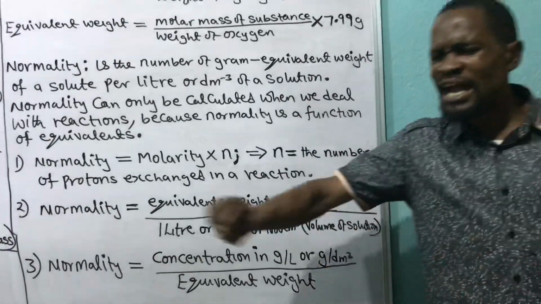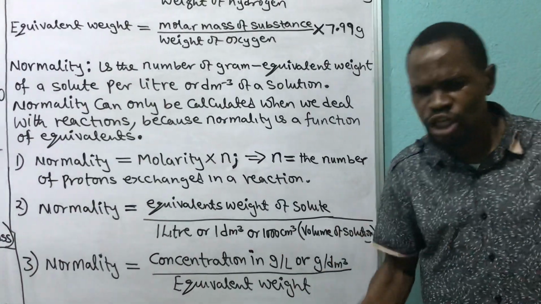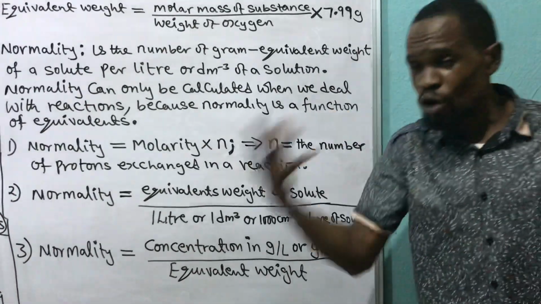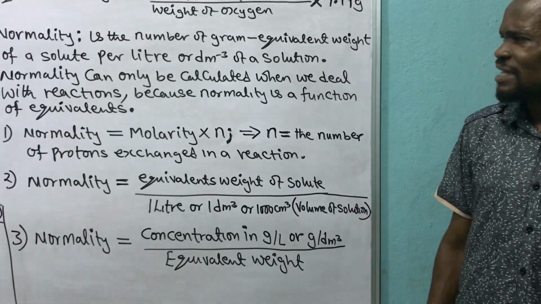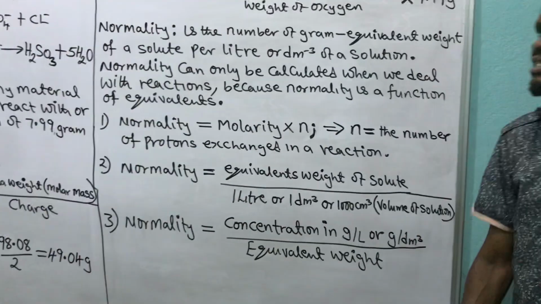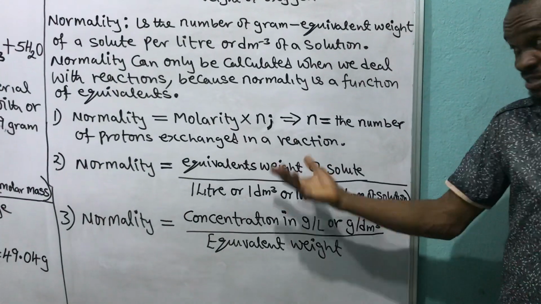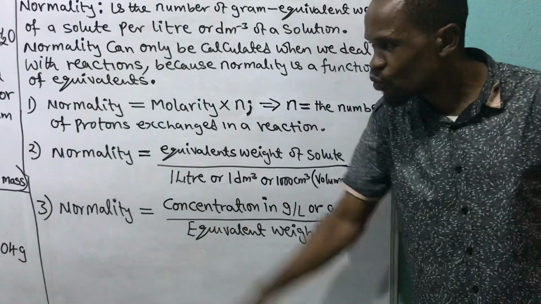It's only in reactions which produce either hydrogen or oxygen that we begin to talk about normality. Normality is a function of equivalent weight; it depends on the equivalent weight.